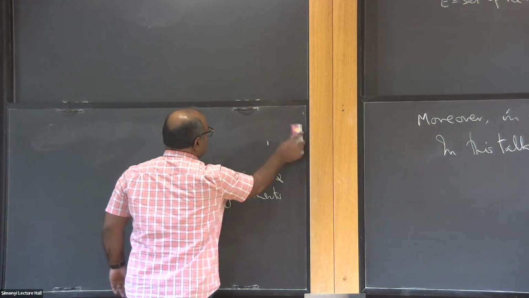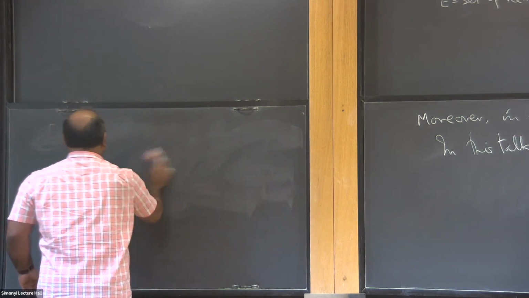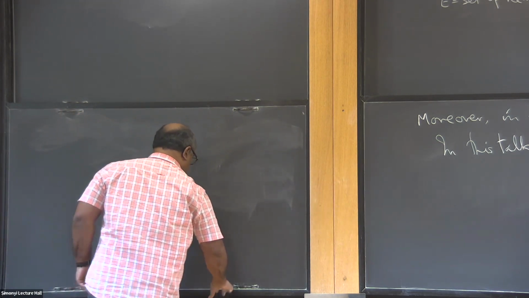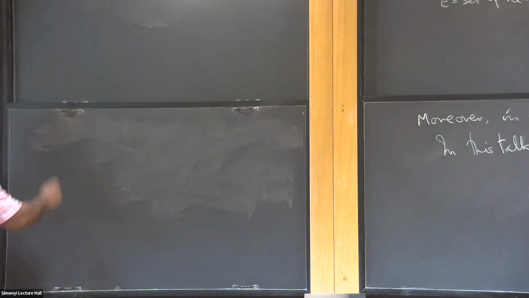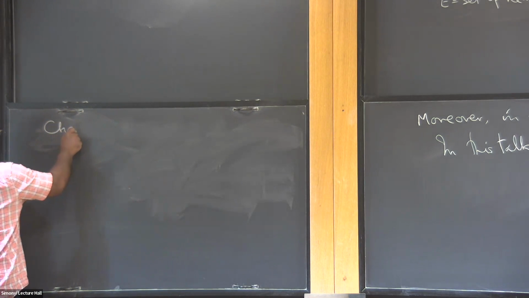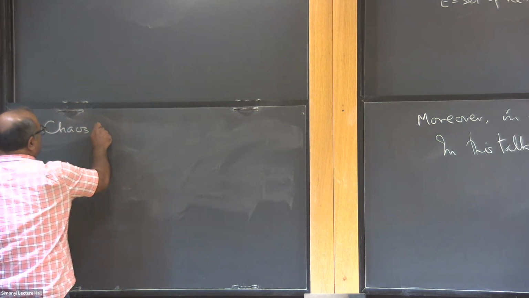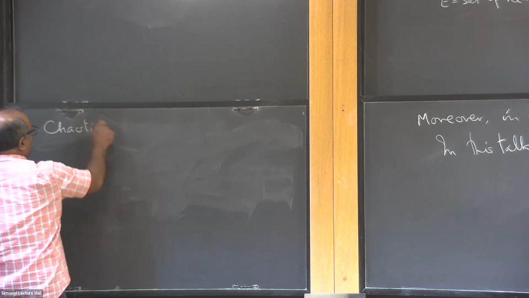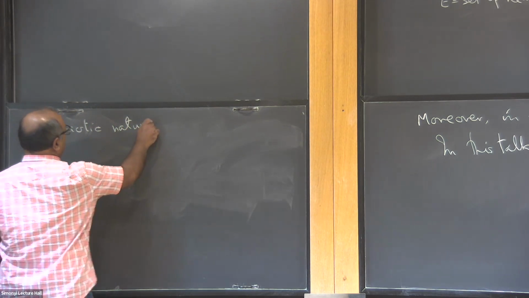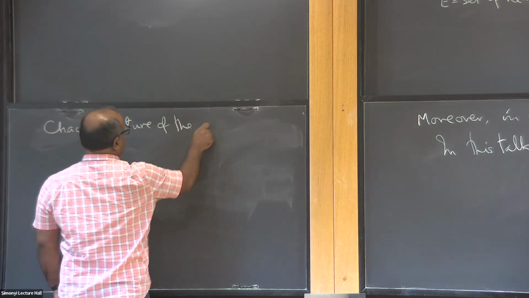A conjecture about the ground state from a long time ago is the conjecture of chaos in the ground state, the chaotic nature of the ground state.